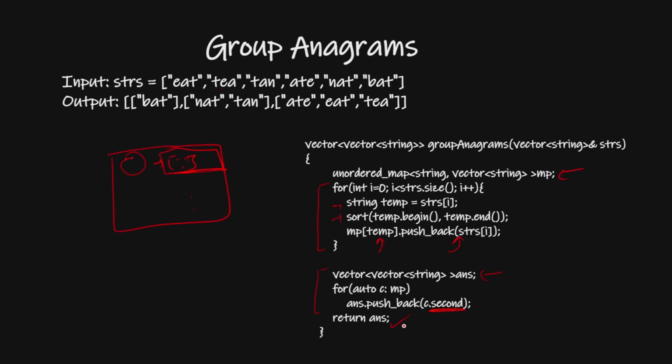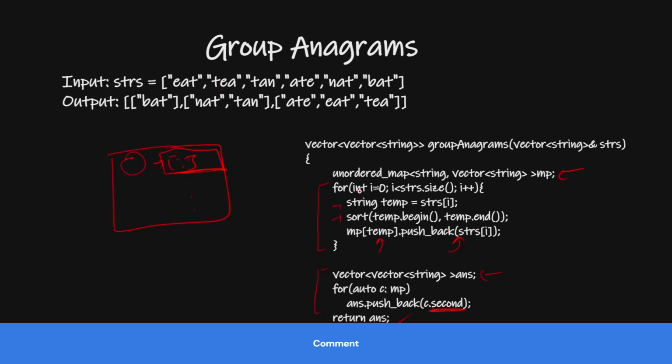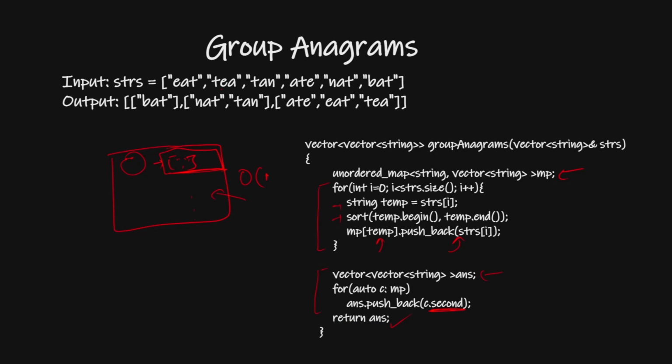Now let's understand what our time and space complexity will be. The time complexity of iterating over the strings is O of n in the worst case.